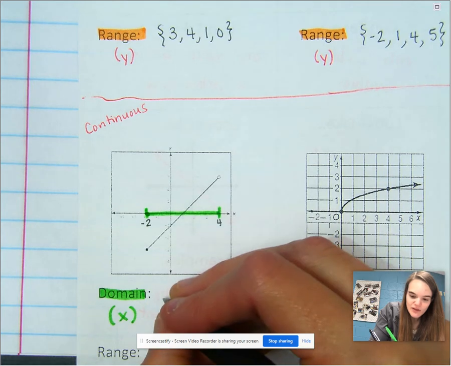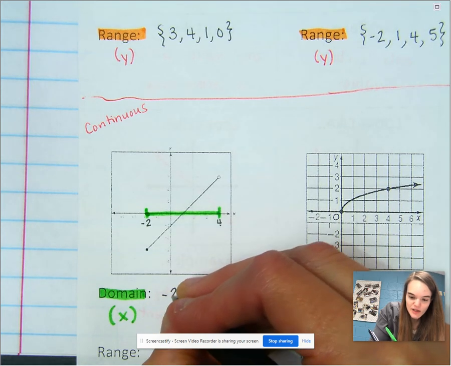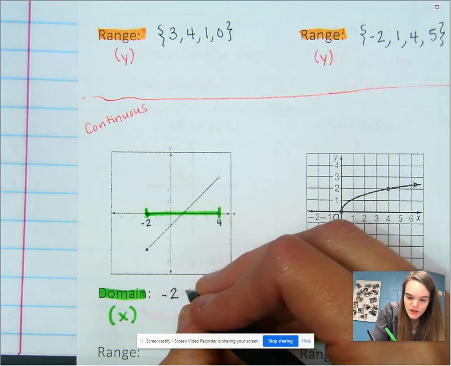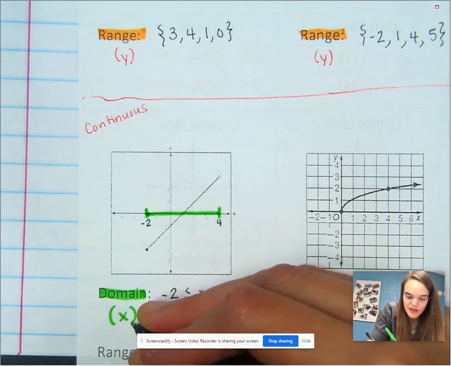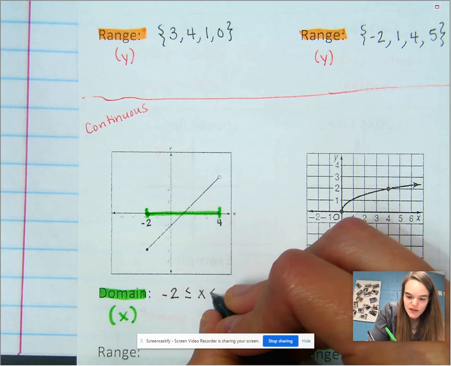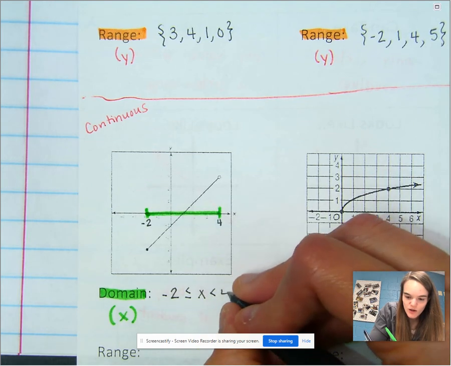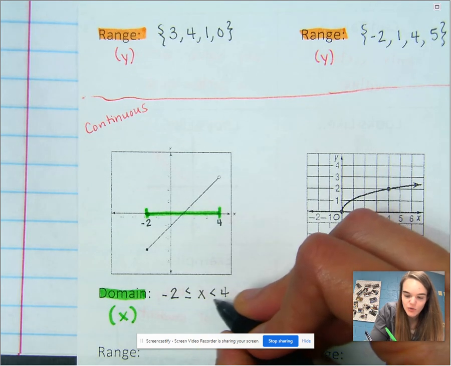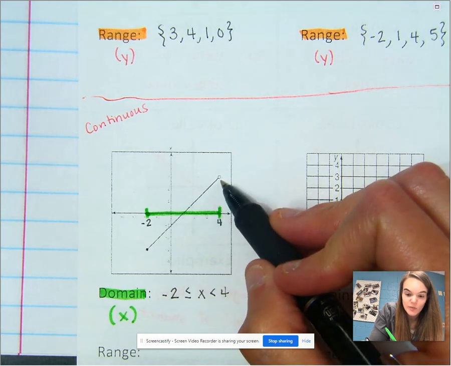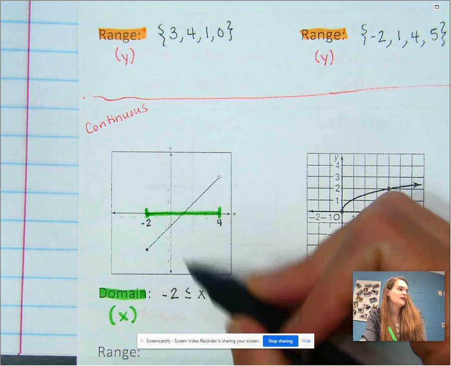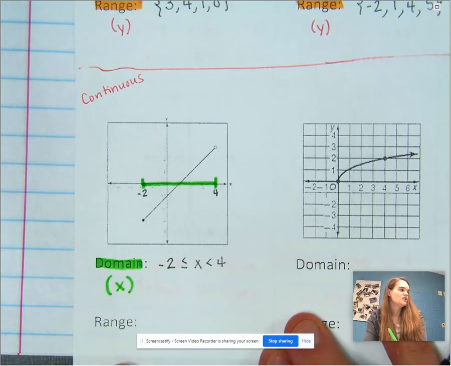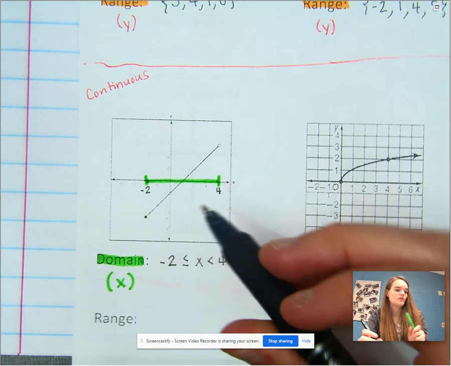What that means is I'm going to write the compound inequality, -2 is less than or equal to x, because it's domain, is less than 4. I did not put an or equal to, because notice how that's open, notice how this is closed. This is how I write domain for a continuous graph that has endpoints.